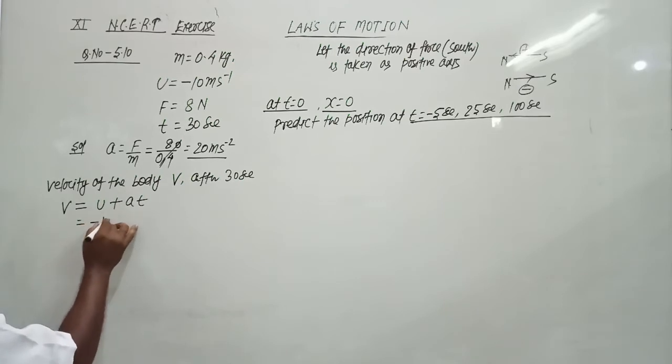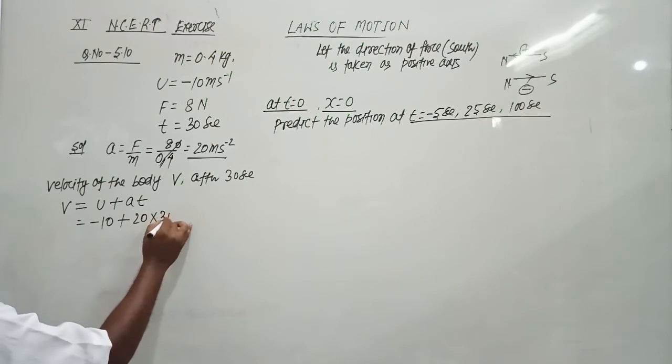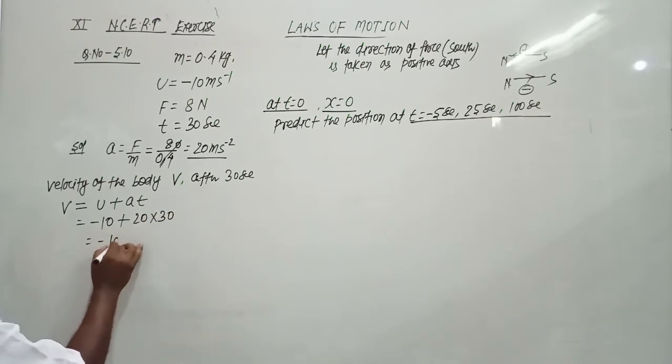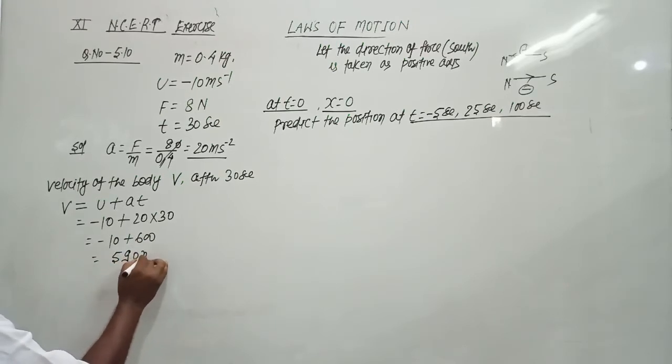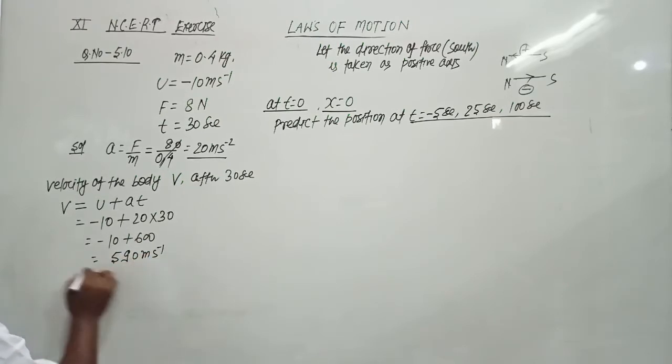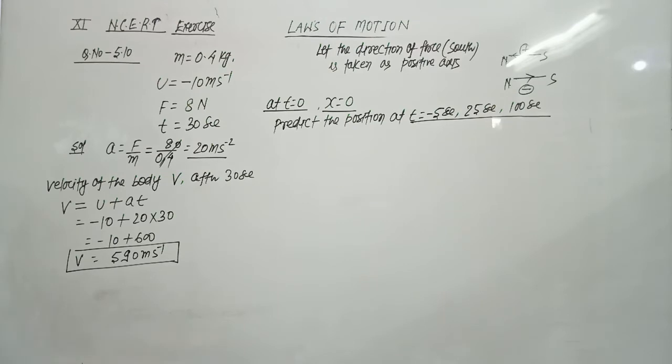Initial velocity u is minus 10, acceleration is 20 and time is 30. So minus 10 plus 600, and that is 590 meter per second. This is the final velocity after 30 seconds.